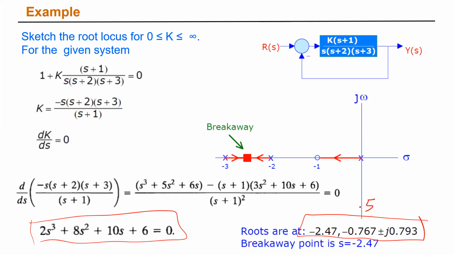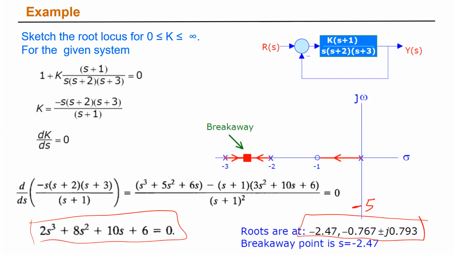Of course not. It has to be real and between -3 and -2. You have to be within the locus. If you have such a situation, you should select the point where you will be in between.